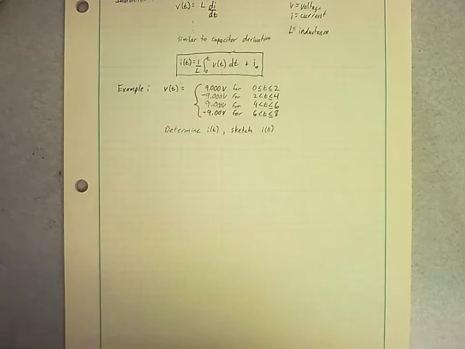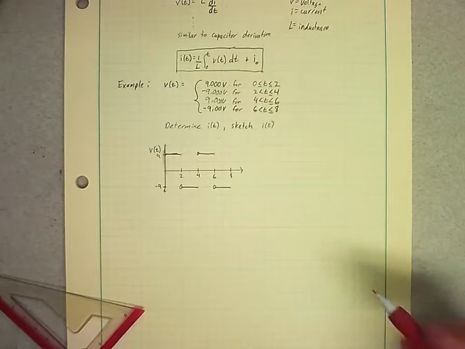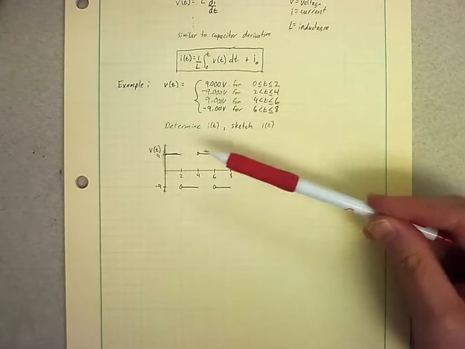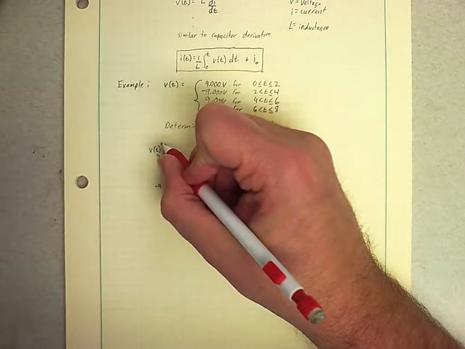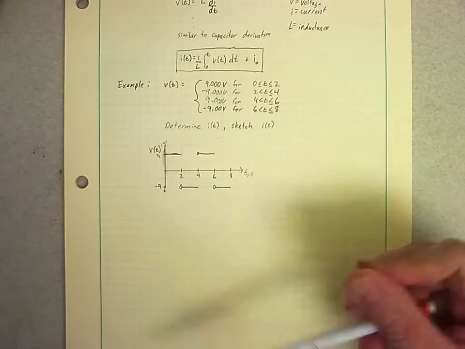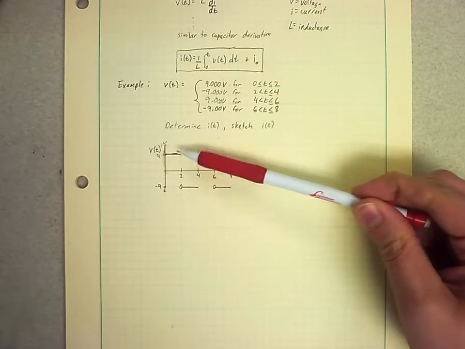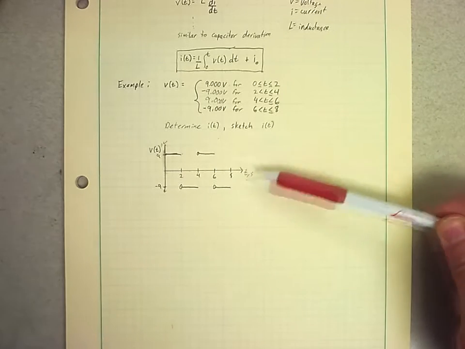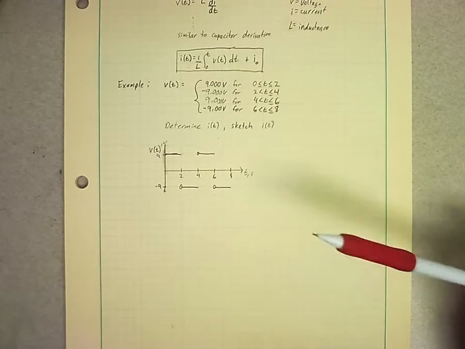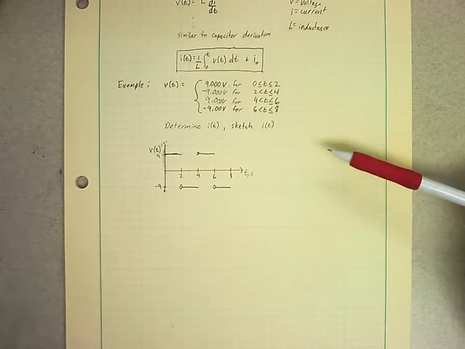Before we get into that, let's think about what voltage looks like and what our expression for I of t should look like. So again, if we were to sketch V of t, this is time in seconds, this is V, it's going to be measured in volts. It's just going to bounce between 9 and negative 9. And we can guess that there's probably a system in which this just continually happens forever and ever.